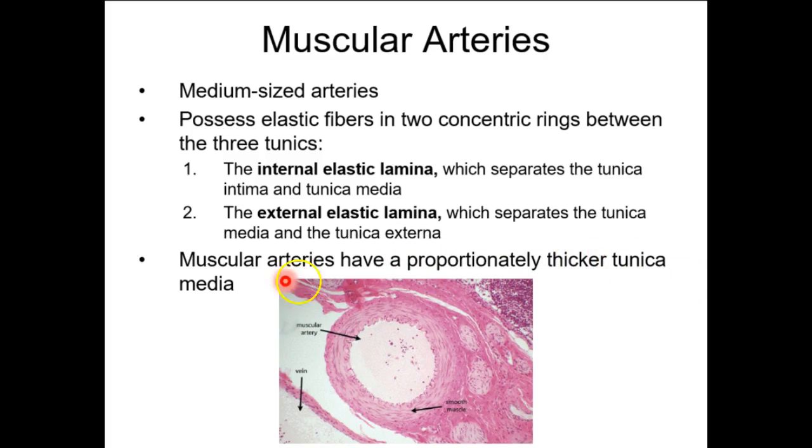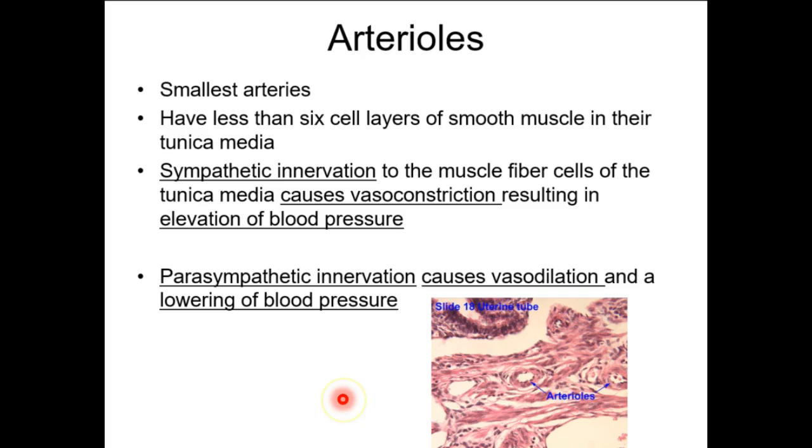Proportionally thicker tunica media on muscular arteries compared to intima and externa. And again, arterioles. So this is the largest part where that autonomic innervation can have an impact on our blood pressure. This is where vasoconstriction and vasodilation are really going to happen, with the most effect on the way blood flows through your body.